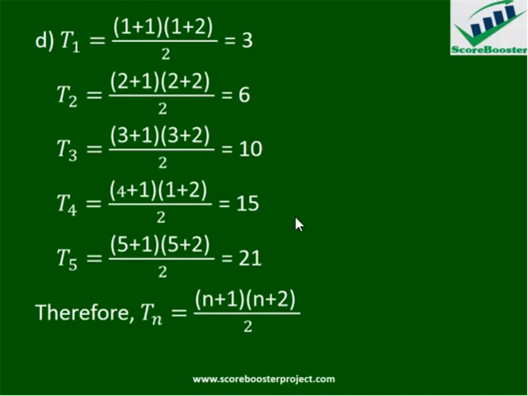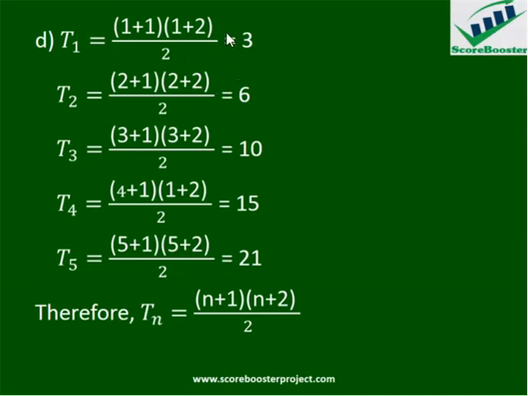But if we follow this particular pattern, we will not be able to get the general term. So to get the general term, we take the number of the term, add 1 to it and also add 2 to it.